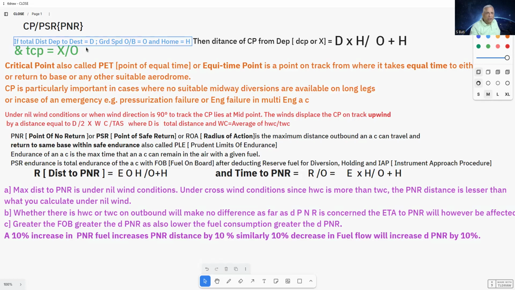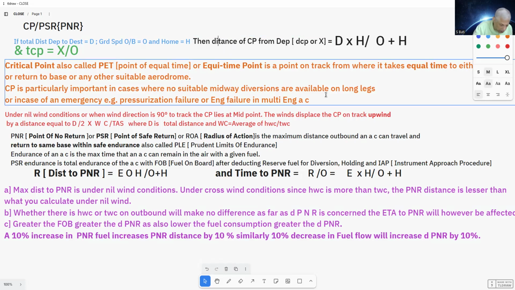If the total distance departure to destination is D, ground speed on the outbound track is called O, and ground speed on the return track is known as H, then distance of critical point from the departure will be equal to D multiplied by H divided by O plus H. Critical point is also called equitime point, as I said.